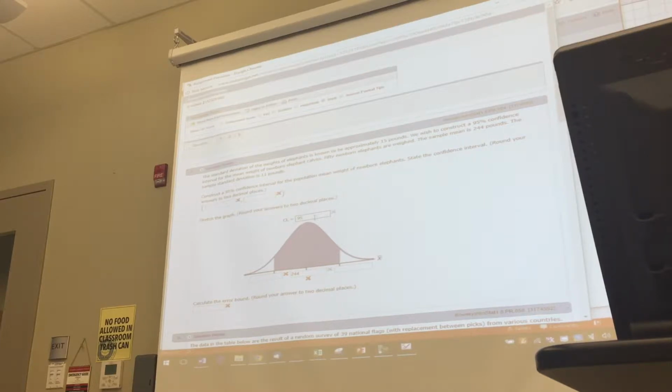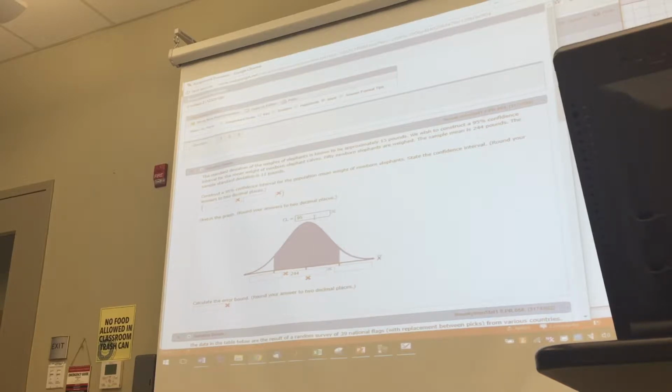So 15 divided by the square root of 50 is 2.12132. So I'm going to multiply those two numbers.